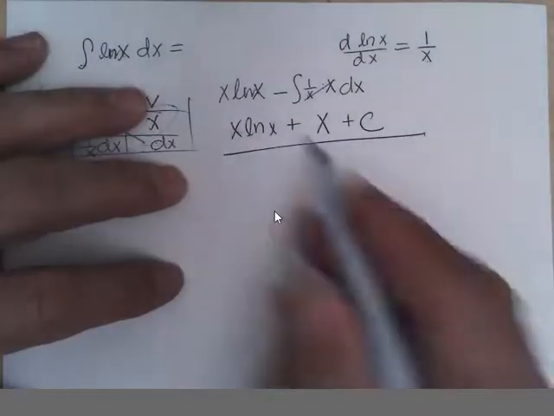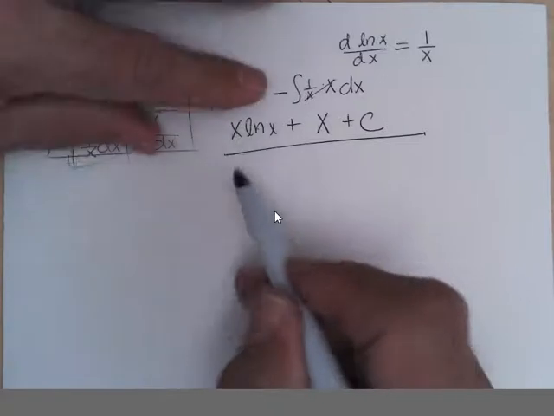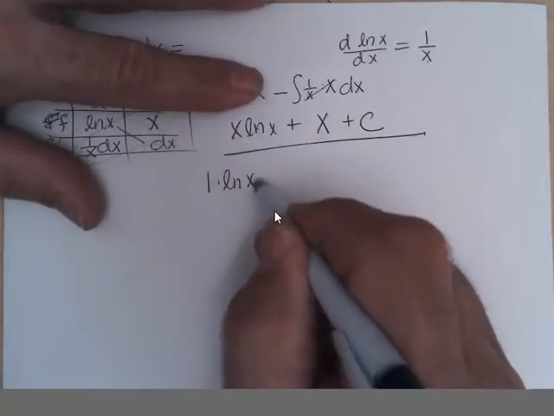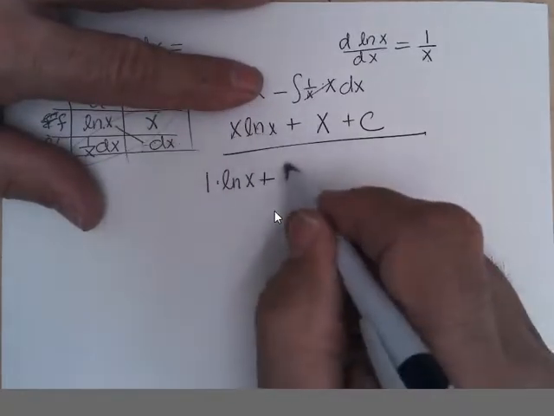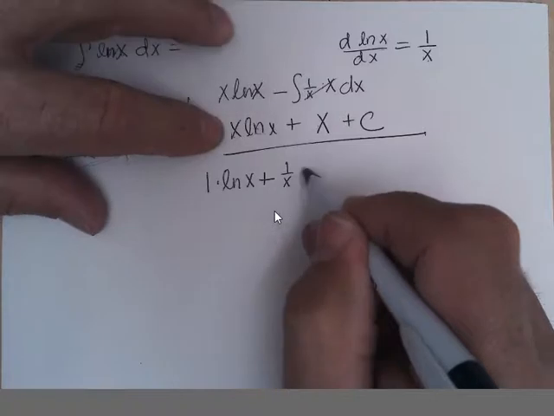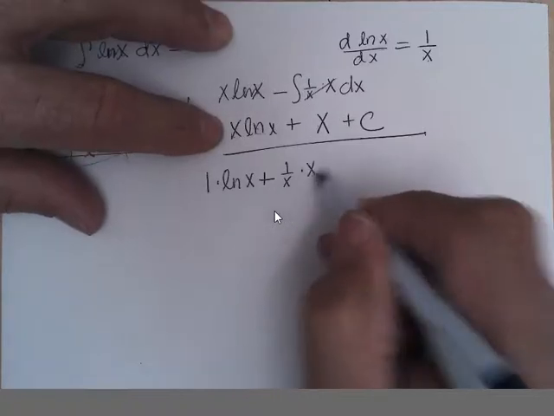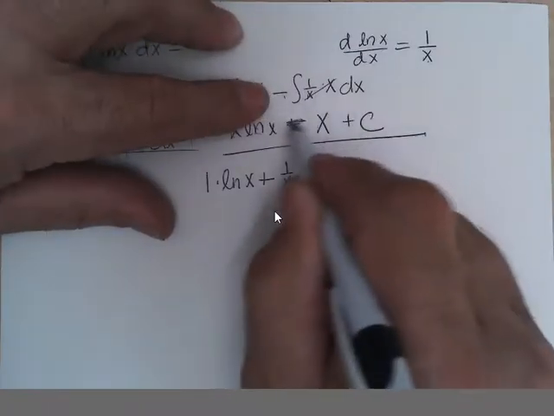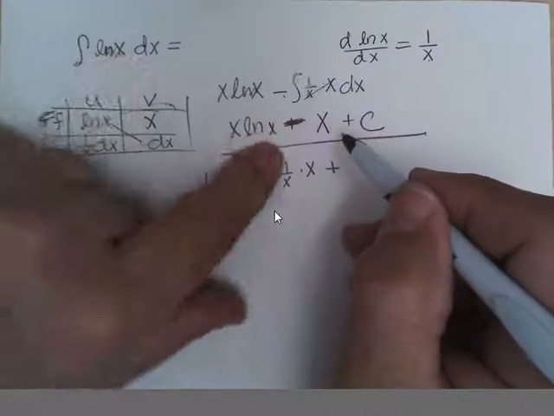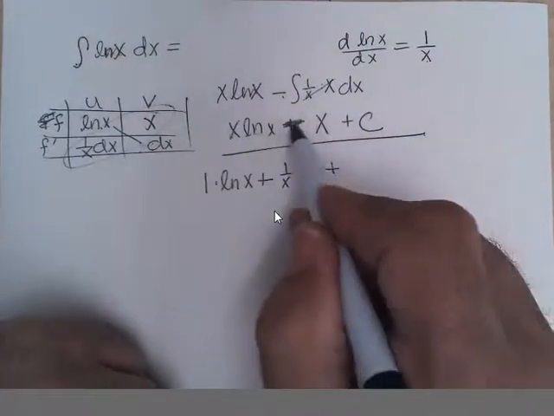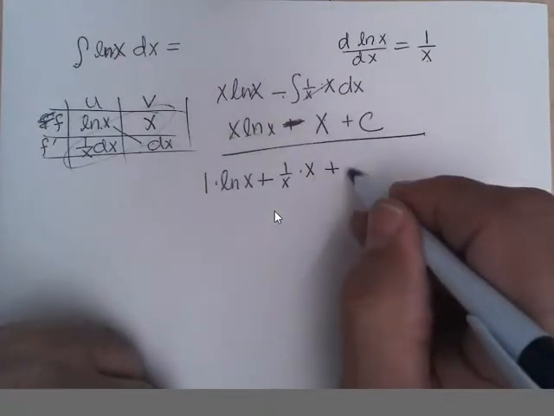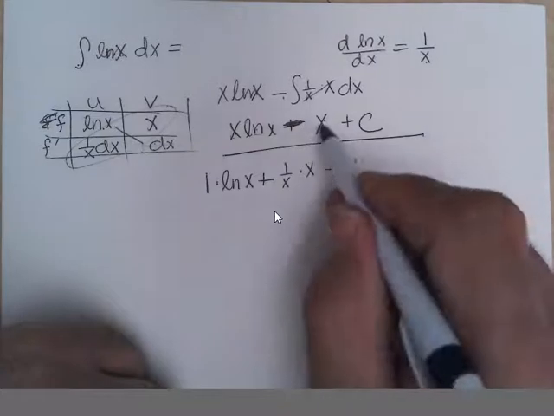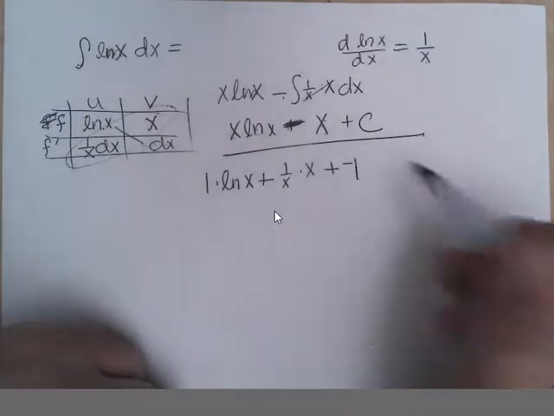Check it. Product rule, take the derivative. Derivative of x is 1 times ln x, plus the derivative of ln x is 1 over x times x, plus, oh, minus, this is minus in here. Minus, the derivative of x is 1, and that's minus 1.